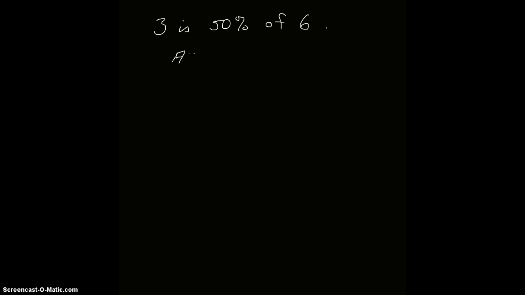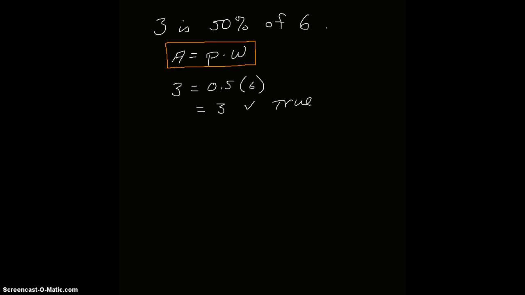The formula is A is equal to P times W. So we have 3 is 50%, 0.5, times 6. 0.5 times 6, well, that's half of 6, right, is equal to 3. So this is a true statement. Now, if I take the formula, I really only need any two of these values. Any two values I could solve for the other one.